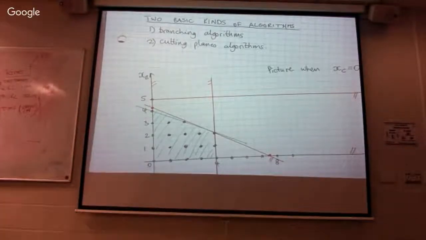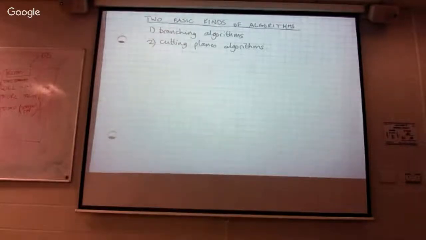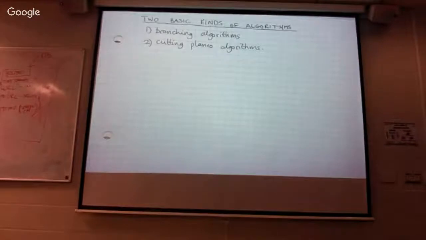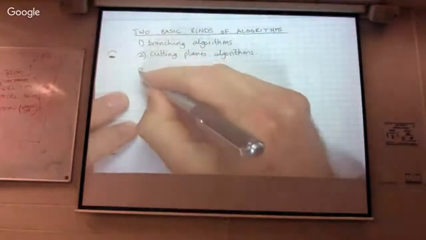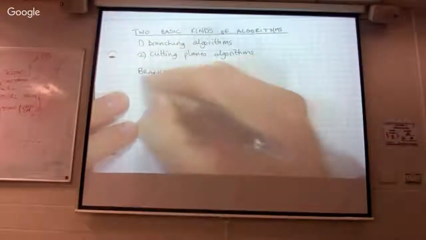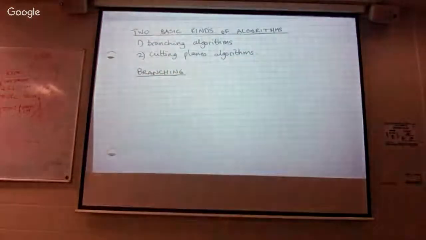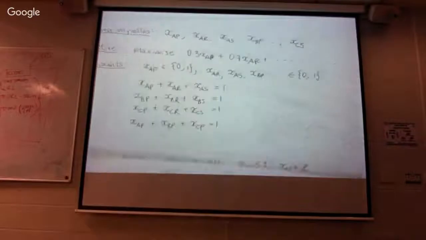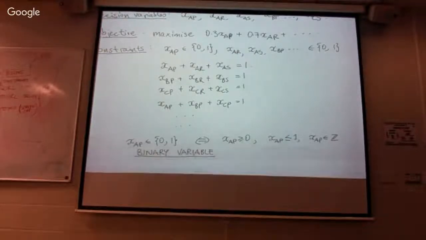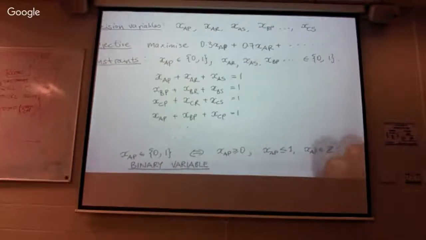Okay, so, example. Branching. What does it do? As an example of what we want to do, we want to solve this problem where there are 9 decision variables.